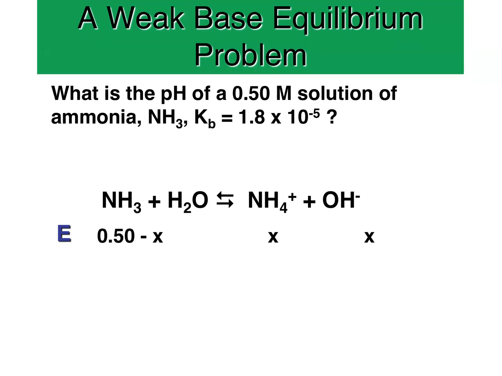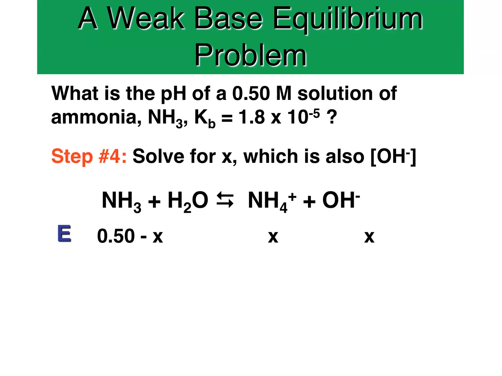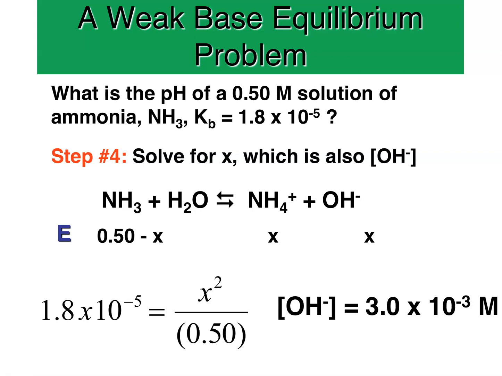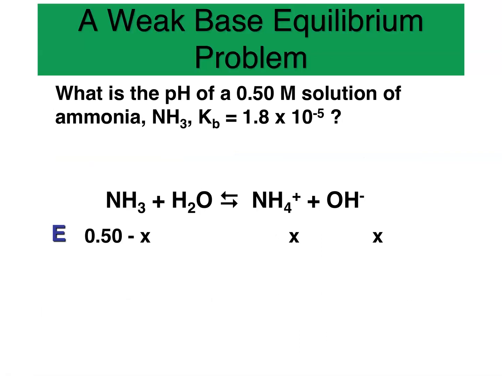See, nothing new here. Yes, I am going faster because you've already written this down. Now step 4, solve for x. But again, notice x represents hydroxide, not hydrogen, when you deal with a weak base. Plug it in. Oh, hey, look, it's the same number.